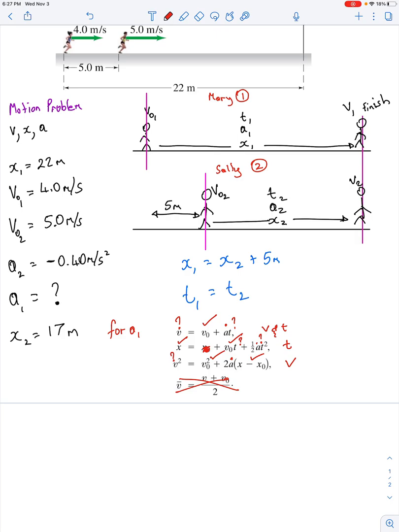So now the question is, obviously, most kids' brains would tell them, nah, bruh, I'm not going to use you because I'm missing two things here. This is a trick. This is how you hack the system. How do I know which one of these to use? The one that is missing t, the one that is missing v. Very simple. Just look up here at the equations that you made up and use the one that has the thing that is there.